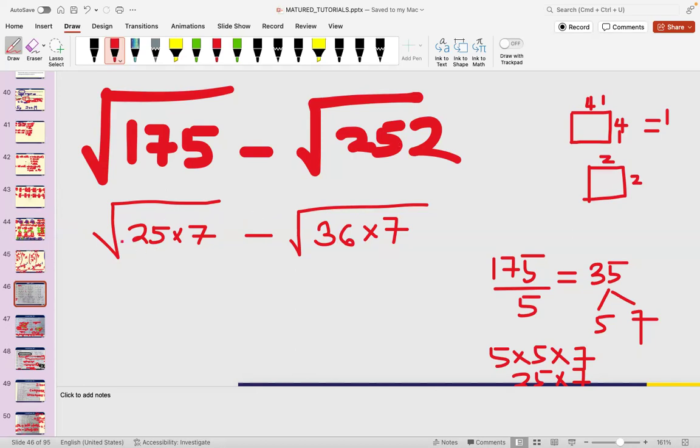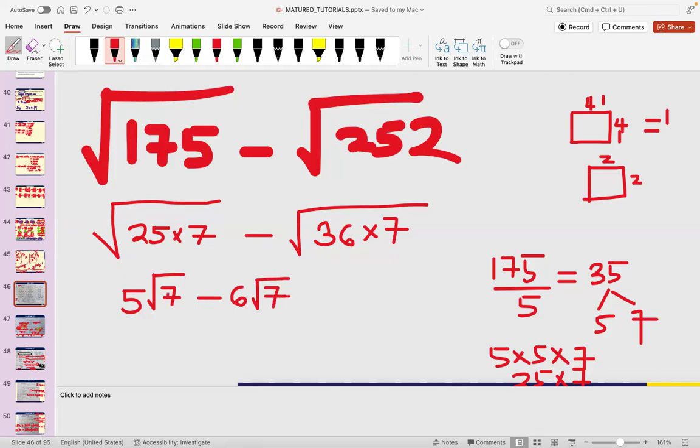So in the final analysis, the square root of 25, 5 will come out. Square root of 7 cannot be done, so it remains in the square root sign, minus the square root of 36, which is 6. 7 cannot come out. It will stay there.